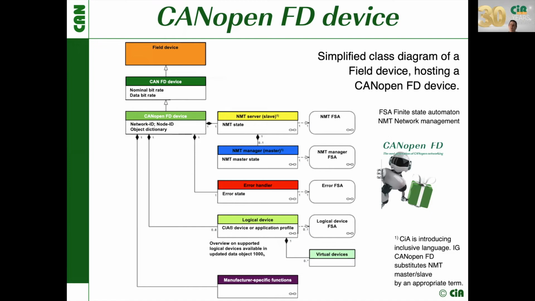We know this device has an object dictionary. So all the CANopen device functionality, but in particular an object dictionary, where we know how we can access the device, where we can get the status of the device, and where we can hand over the data, the application program to the device.